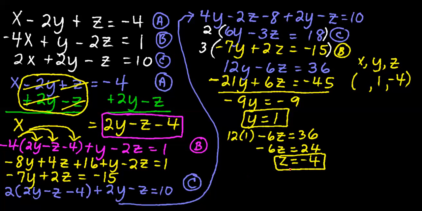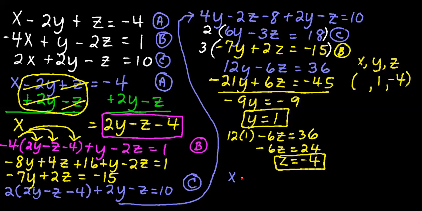And the next one, of course, I need is my x. So I can pick any one of these equations, A, B, and C, or any of the equivalent versions that I have. And since I'm looking for the x, I think I'll just go with the very first one, A. I'll rewrite A. And instead of y and z, I'm going to substitute the values that I know that they are.